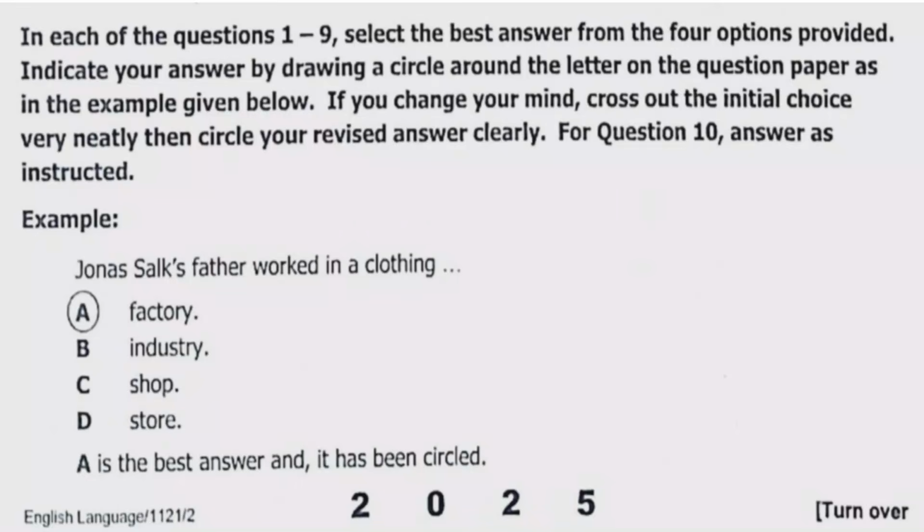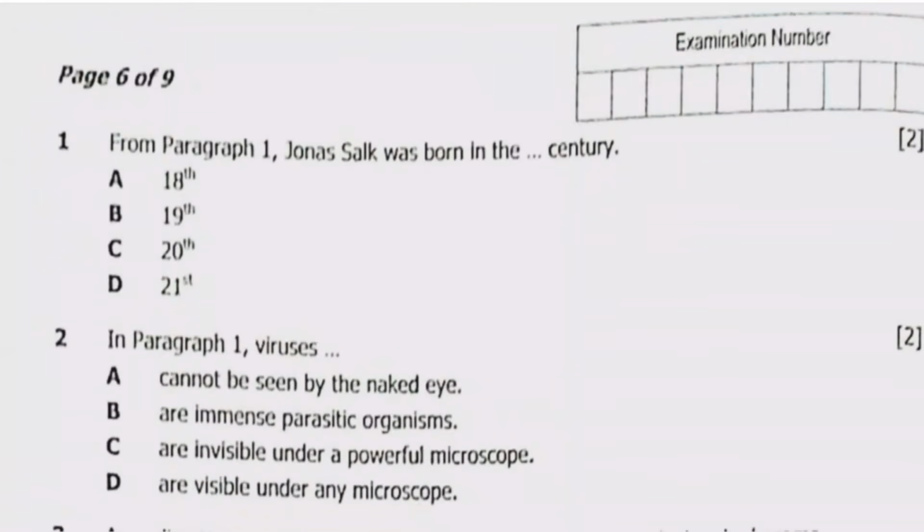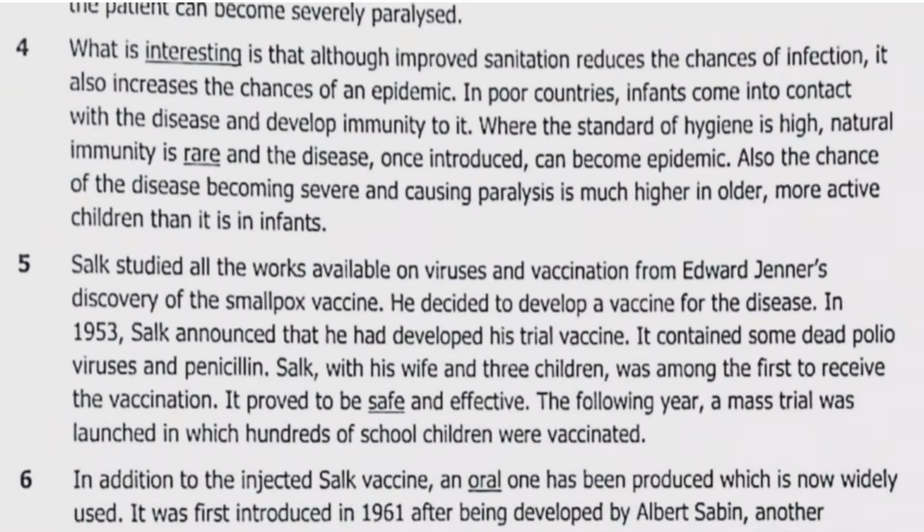Now we have gone through the instructions. Let's go to the first question of this section. From paragraph 1: Jonas Salk was born in the dash century. So when was Jonas Salk born? We go back to paragraph 1.